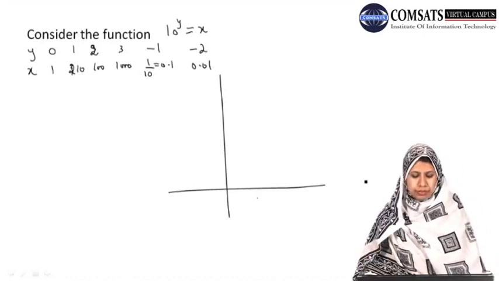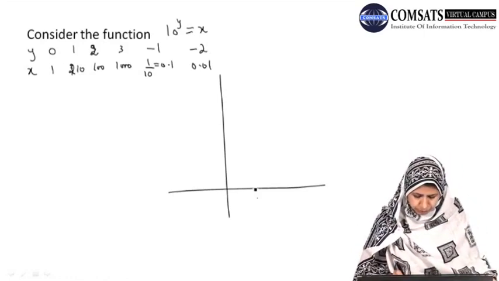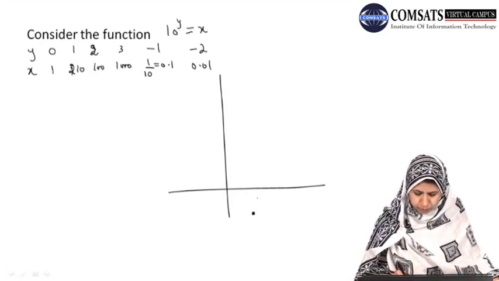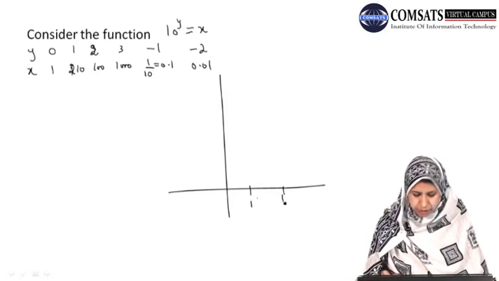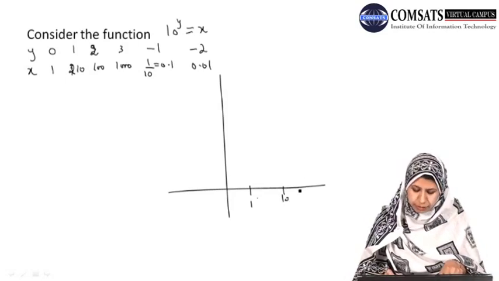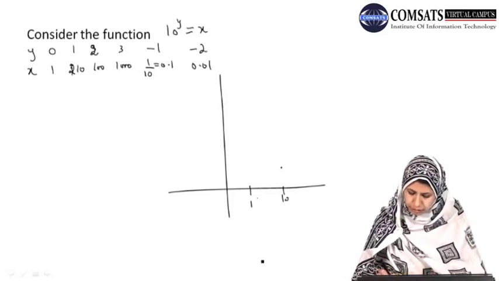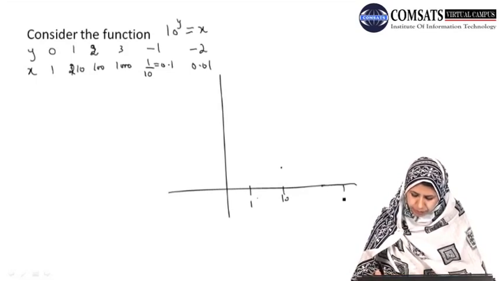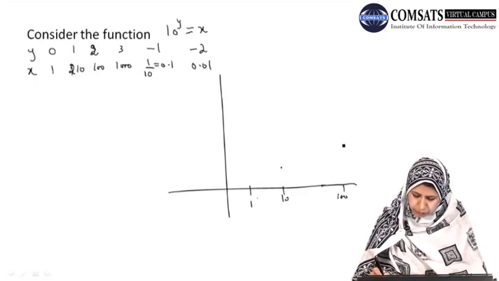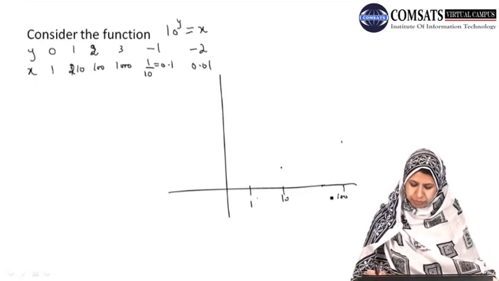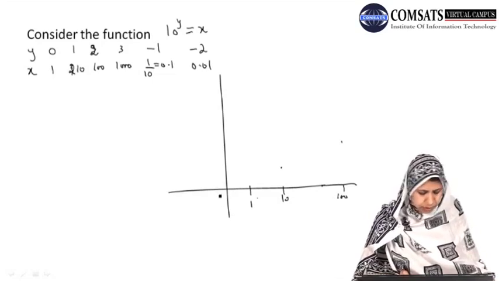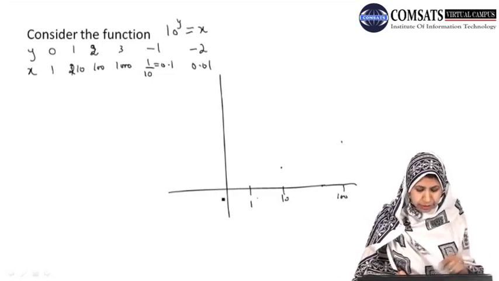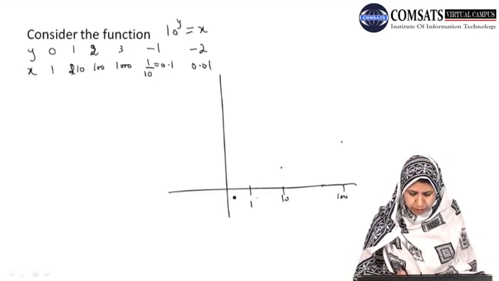And we sketch the graph of this function. When x is 1, y is 0. When x is 10, y is 1, this point. For 100, y is 2. And for negative values, when x is 0.1, y is minus 1, that is somewhere here.